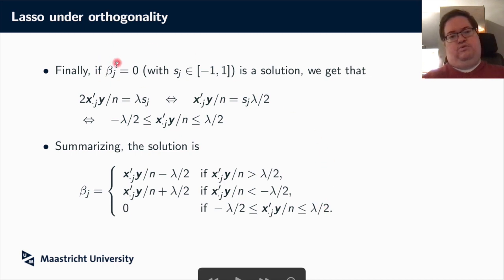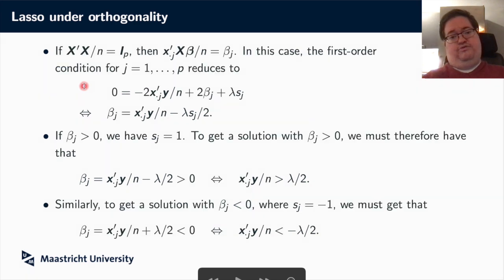So take beta j equal to 0. Well, in that case, going back one slide, the left-hand side here will just be 0, right? We say beta j equal to 0. This sj thing can now be somewhere in between minus 1 and 1. But with this equal to 0, we also know that this part here, the first part, xj prime y over n, should be equal to lambda sj over 2.